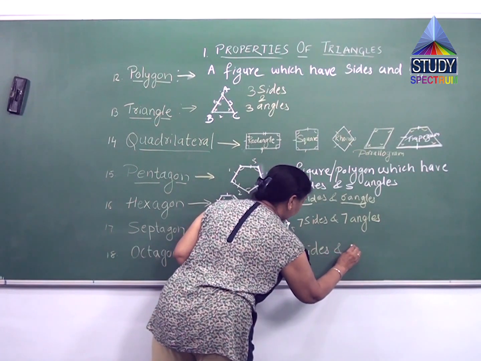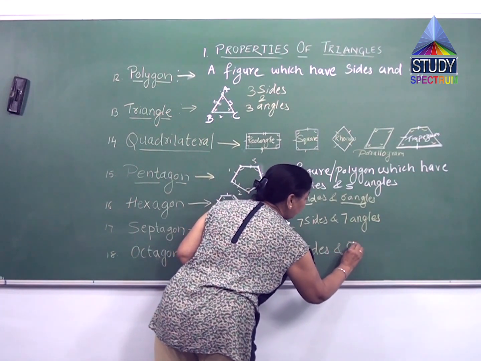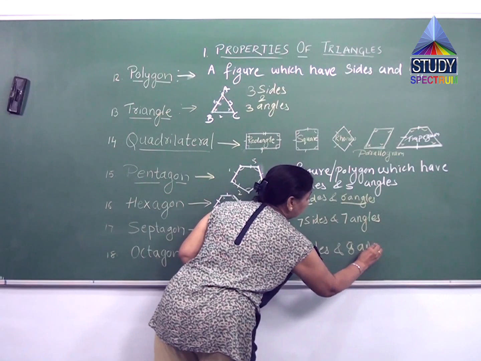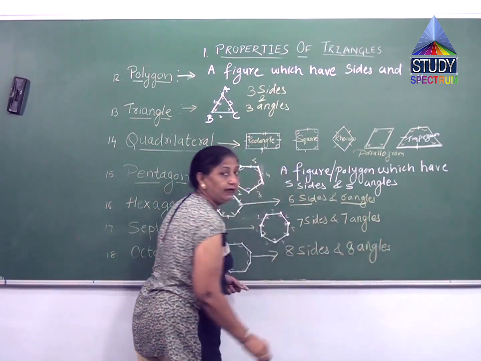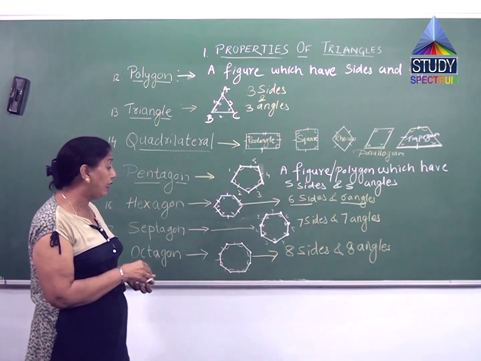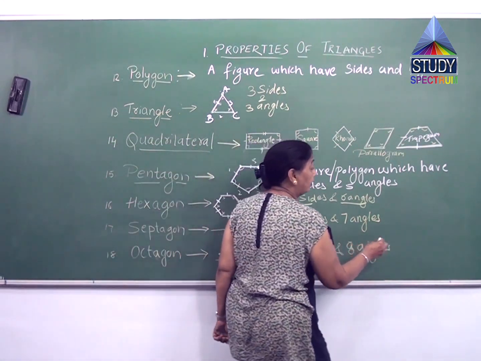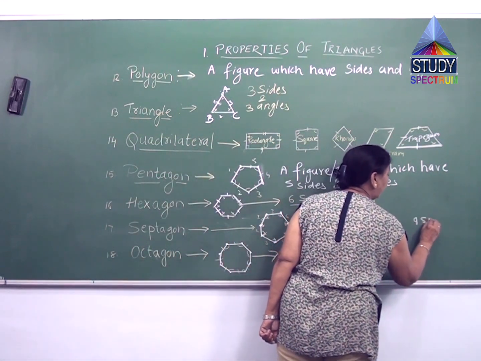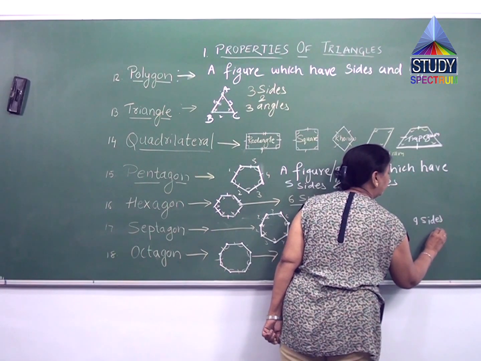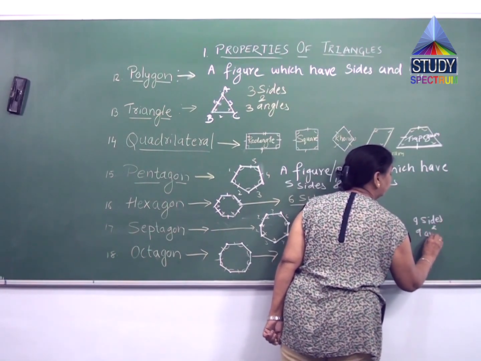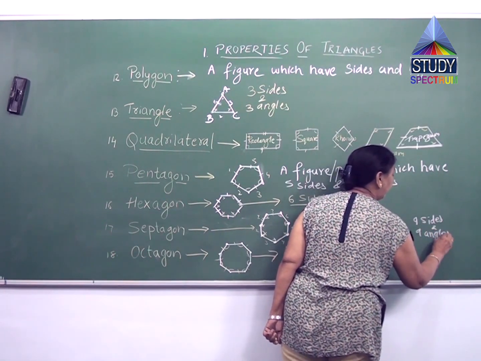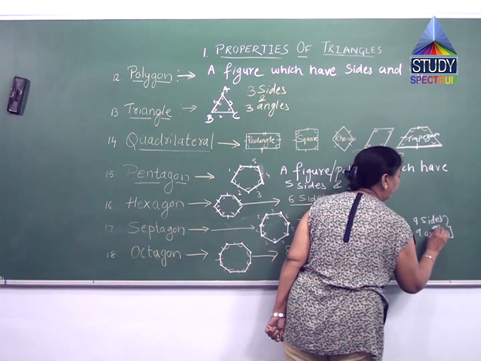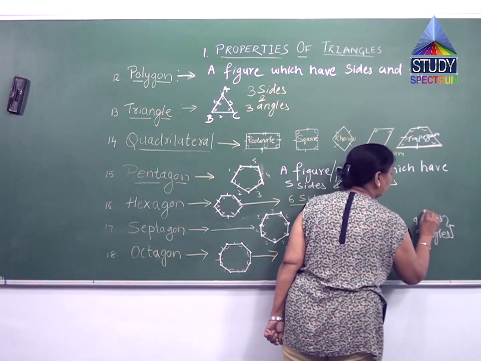Now in these figures, 8 sides and 8 angles. Same way, a figure with 9 sides and 9 angles is known as a nanogon. What is it known as?